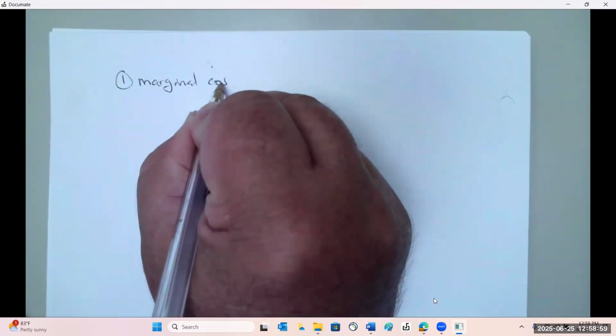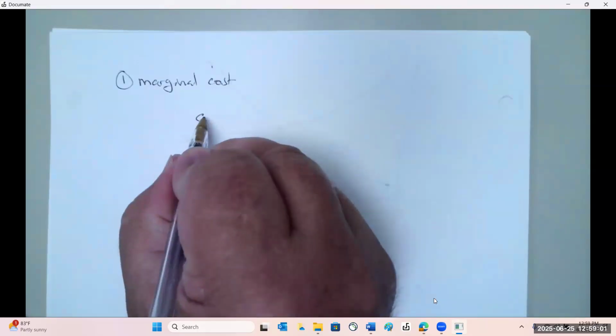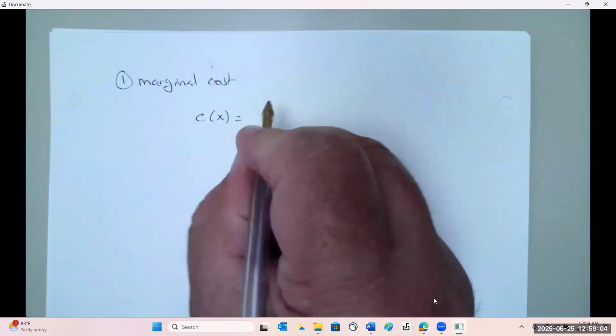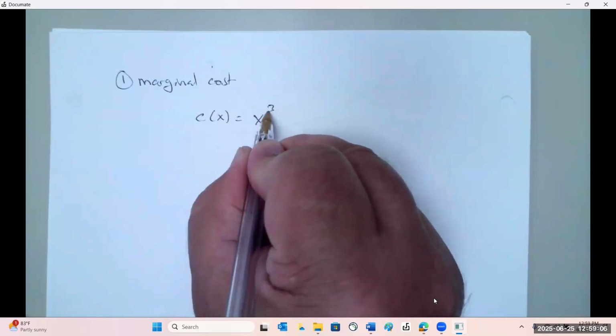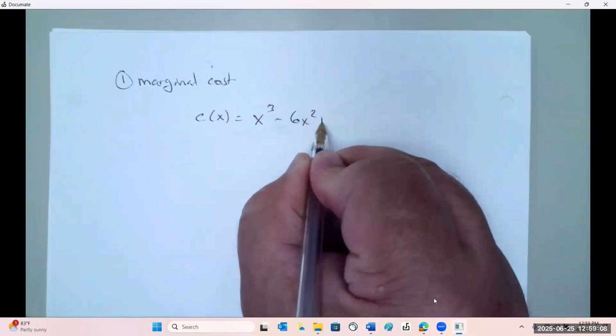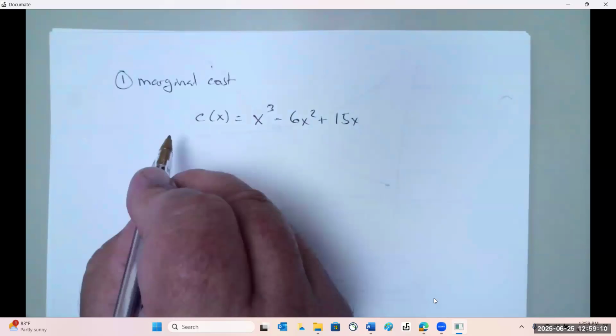So the first thing we look at is the marginal cost of increasing. We have C of x equal to x cubed minus 6x squared plus 15x.